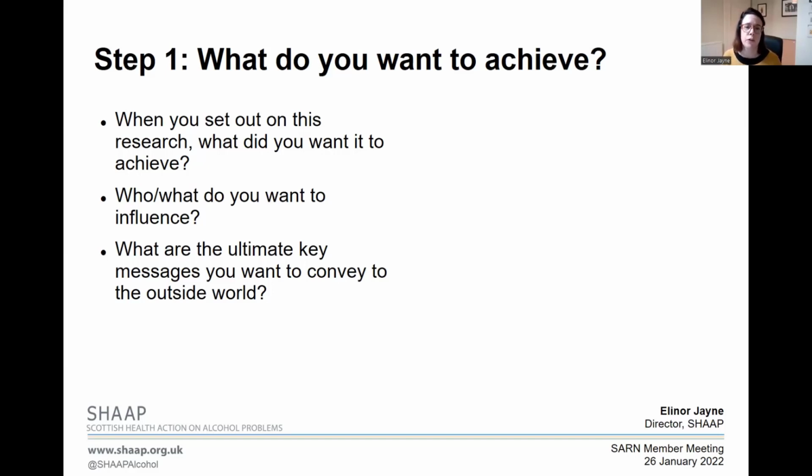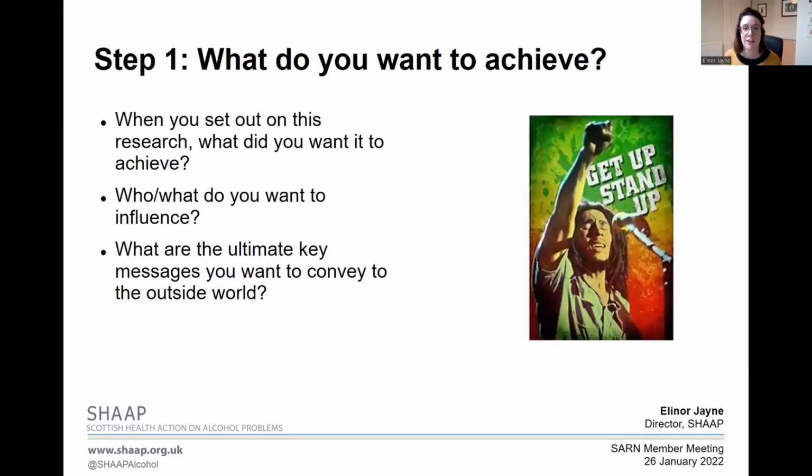And then think about what the ultimate key messages are that you want to get across from your research into the outside world. I think this is really important because it's distilling it down to the essence of what you want to get out there. So go back to basics. What is it you wanted to achieve with this, and then make your mark with it.